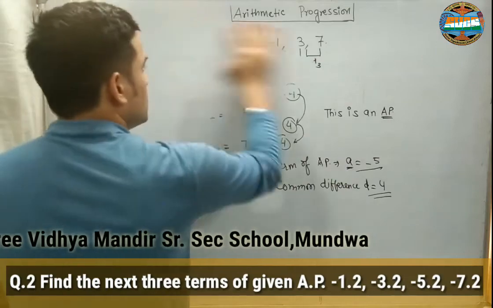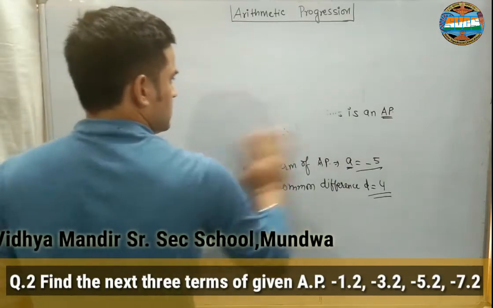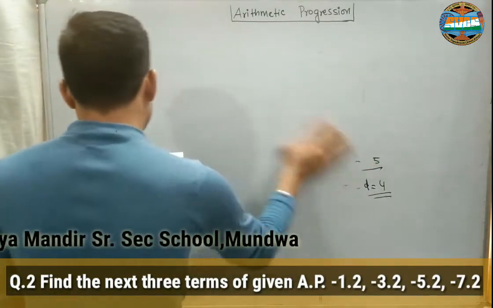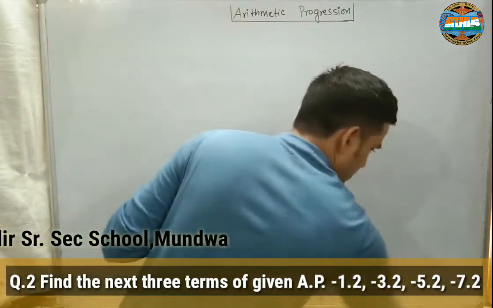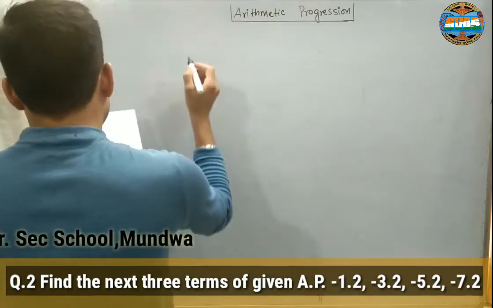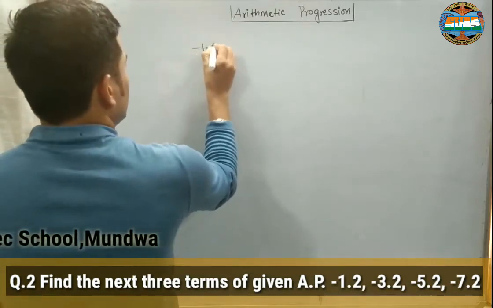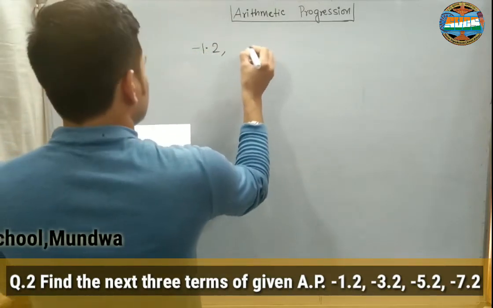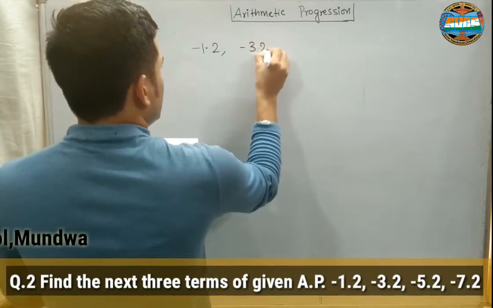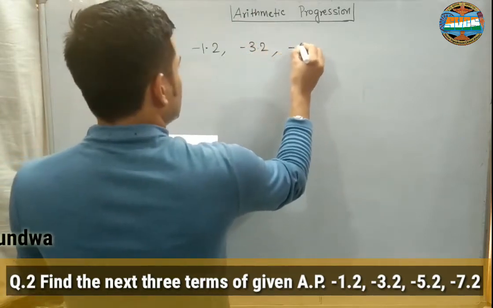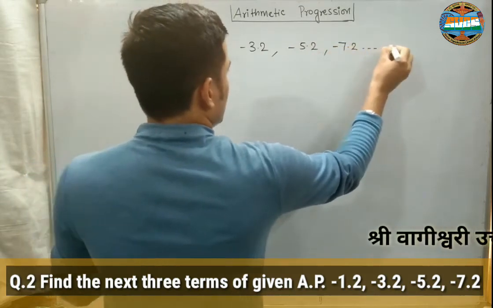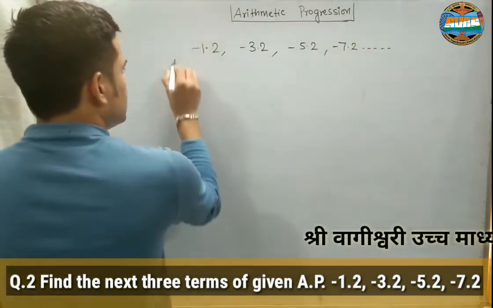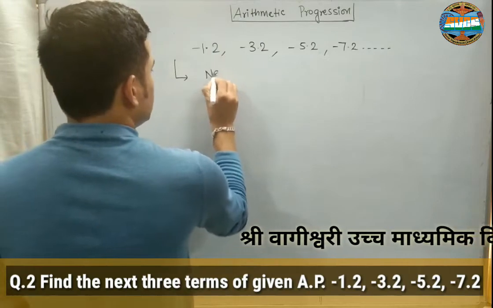Question number 2. It is on your screen. Find the next three terms of the given AP. The series is 1.2, -1.2, -3.2, -5.2, -7.2, so we find the next three terms.